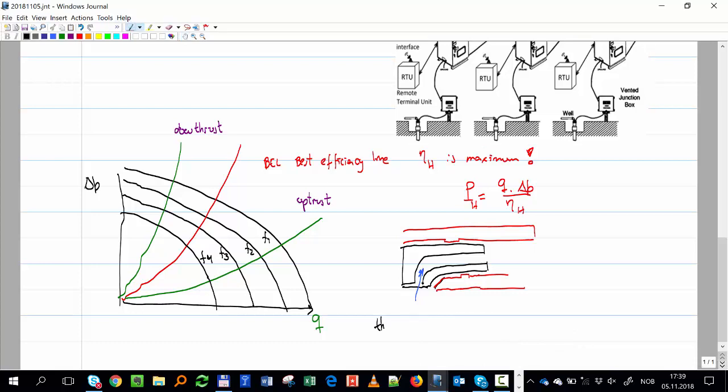The upthrust and downthrust limits are to avoid excessive impeller wear and damage.